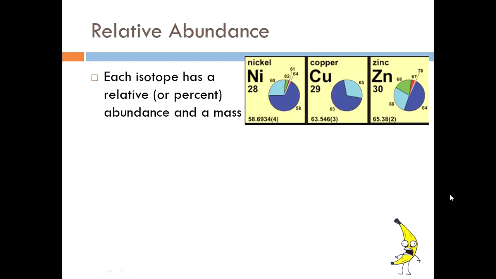Nickel, copper, and zinc. Let's take a look at copper first. It only has 2 isotopes. Okay? It has copper 63 and copper 65. These are the percent abundances of each isotope. So copper 63, you can see clearly there's more of copper 63 that just exists in nature, and copper 65 is maybe a third of this, right?